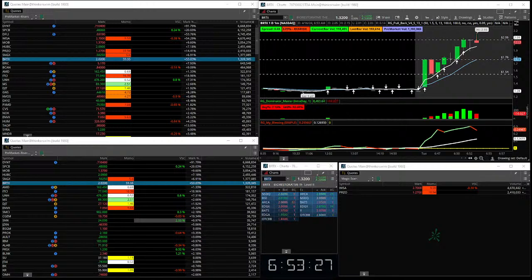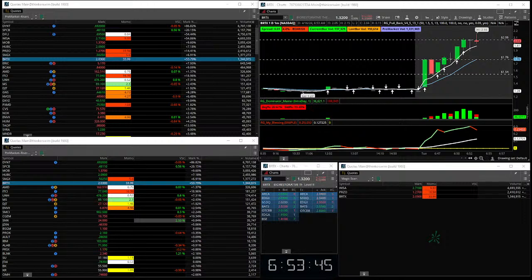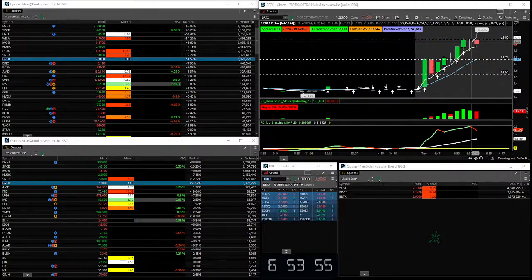Just wasn't enough buyers to keep it up there. We are holding this price level. That's good news. So about 18 to 20 cents since we started watching it right here in this area.